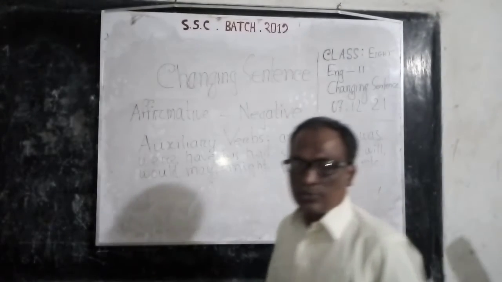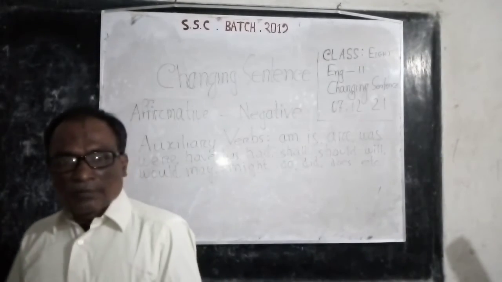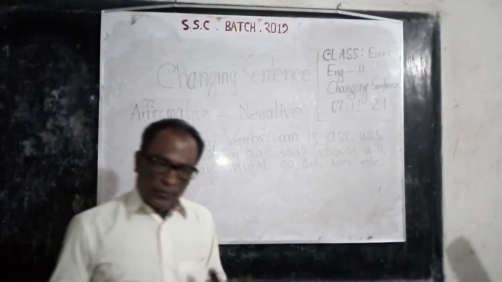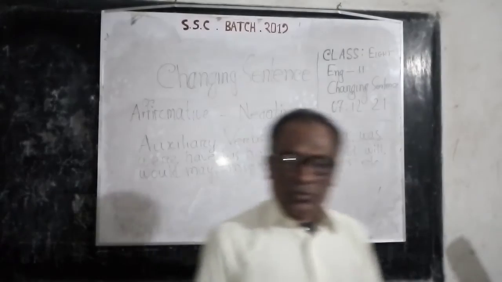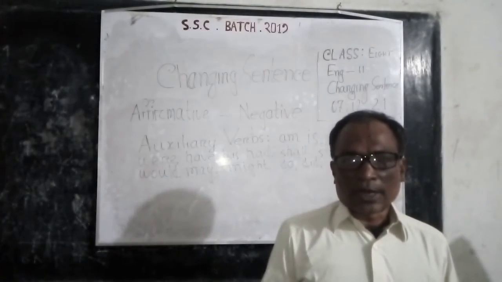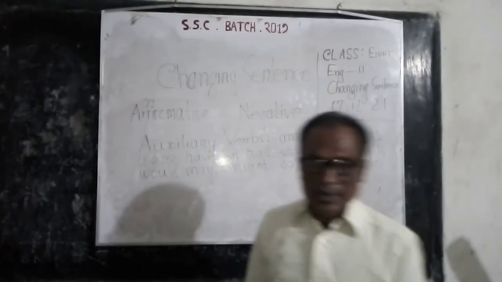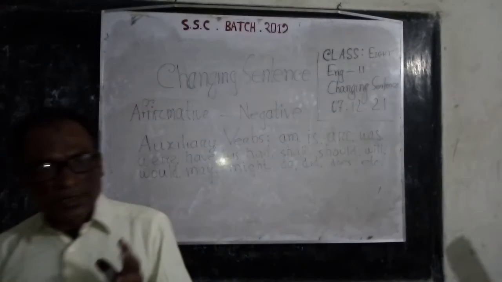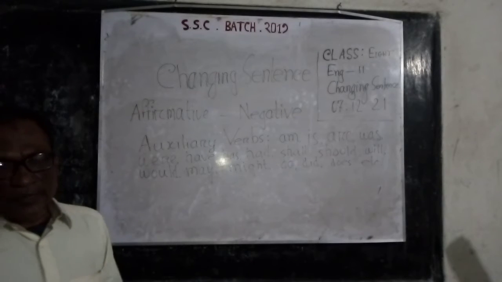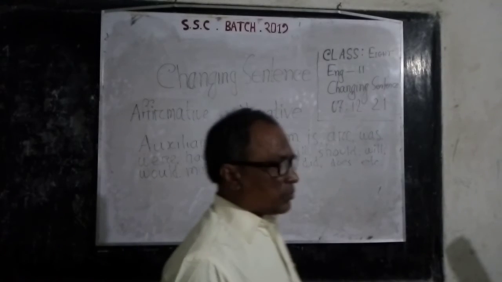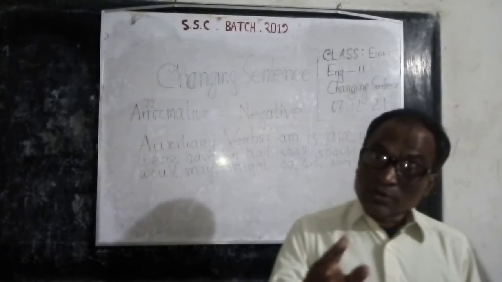But where do we use not? The answer: we use not after the auxiliary verb. We always use any type of negative word, that means not or no, after the auxiliary verb.